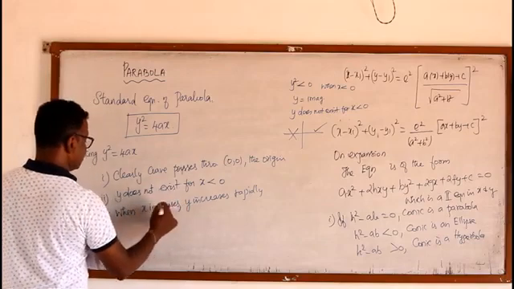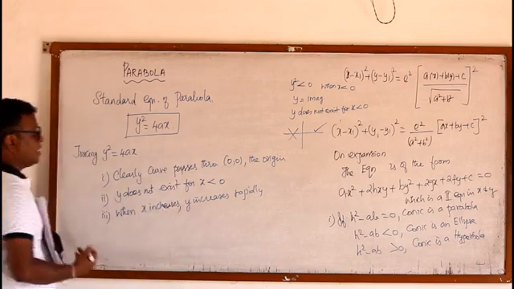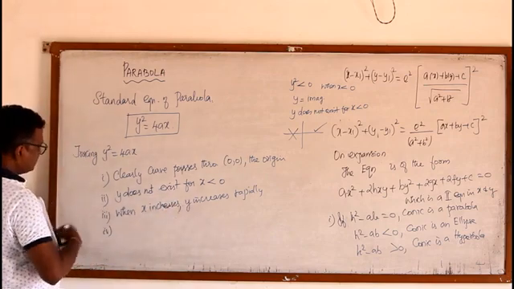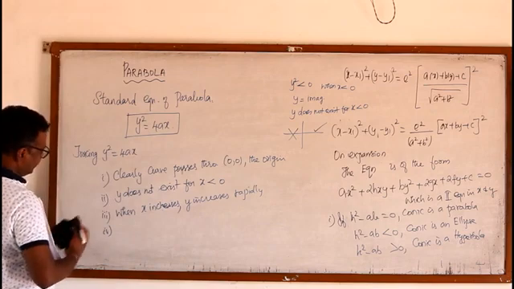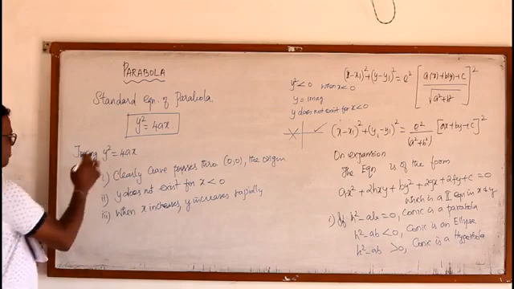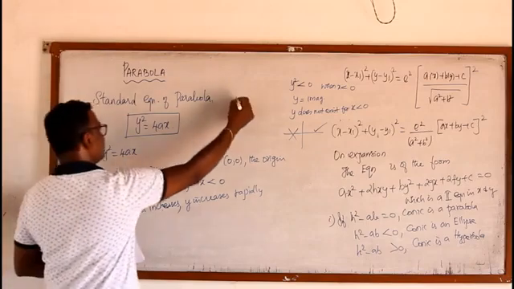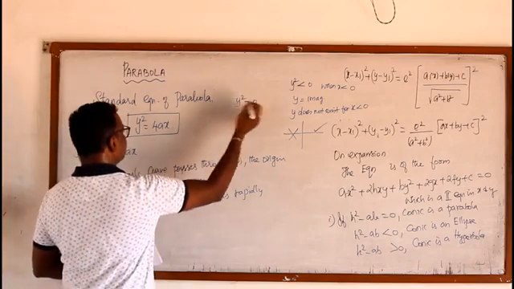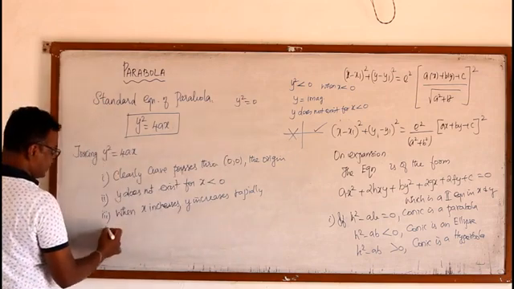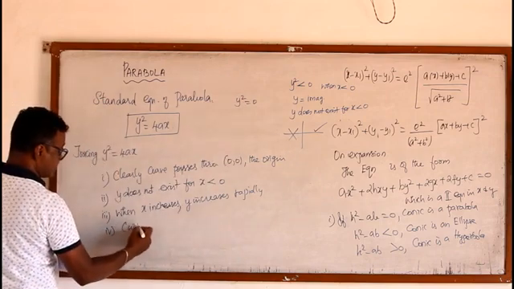When x increases, y increases rapidly. Then the fourth one: with these points itself we can try to draw this curve. But since y square is positive, y may take a negative value or a positive value. Therefore, the curve is symmetric about the x-axis.